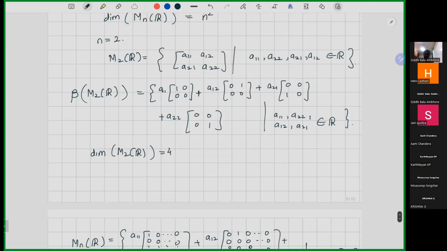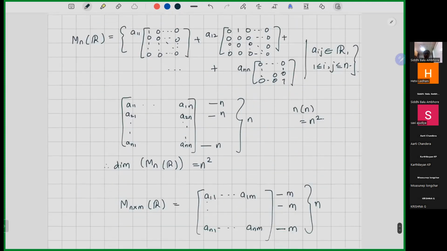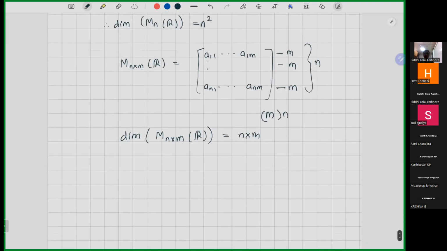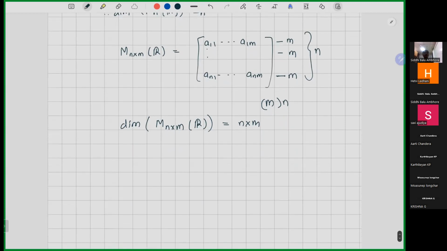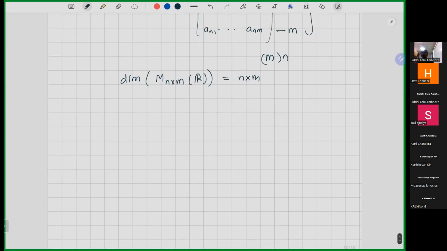So in general, for square matrices of order n it will be n squared, and for rectangular matrices it will be n into m or m into n, however you choose the number of rows and columns. Any doubt here? In case of rectangular matrix, any confusion? No. Okay, so Aarti and Karthikeyan said no doubts.